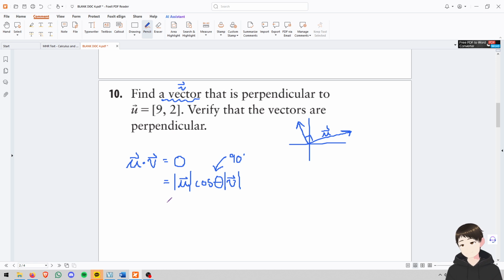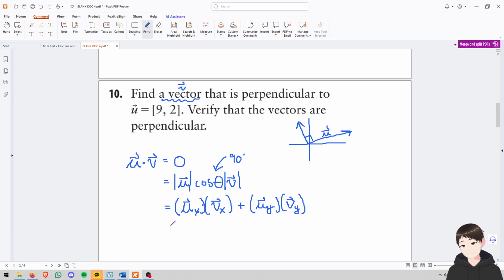However, the dot product we also know is the x value of vector u multiplied by the x value of vector v plus the y value of vector u multiplied by the y value of vector v, which is also a definition of the dot product.